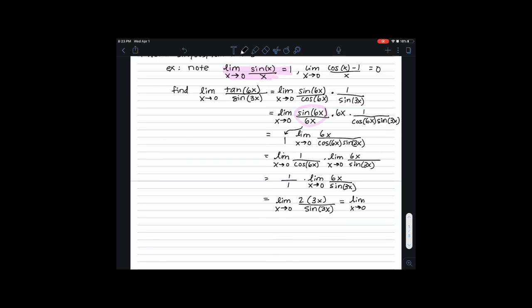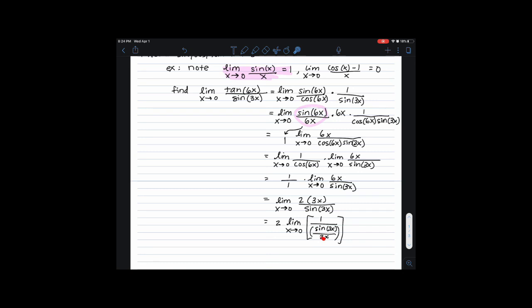as x goes to 0 of 1 over, here, let's just pull out, sorry guys. I didn't give myself enough room, and I want to pull out this 2. So this is the limit. We have 2 times the limit as x goes to 0 of 1 over sine of 3x over 3x.